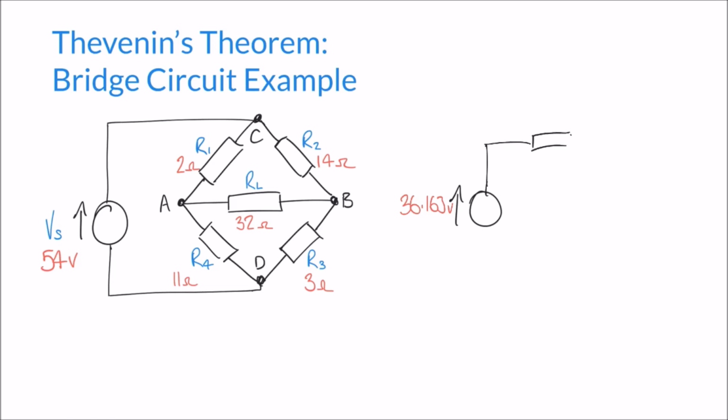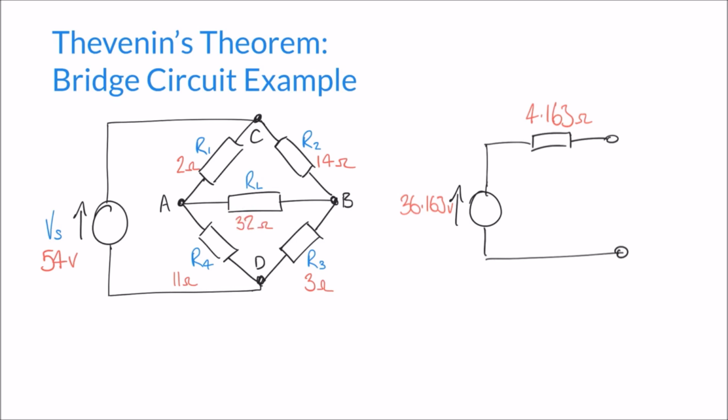We've got our one resistor there, and this takes us to our open terminal circuit like so, and we calculated our Thevenin resistance to be 4.163 ohms, so I'll mark that on as well. And finally, one component that we've neglected in this particular circuit is our load resistor.